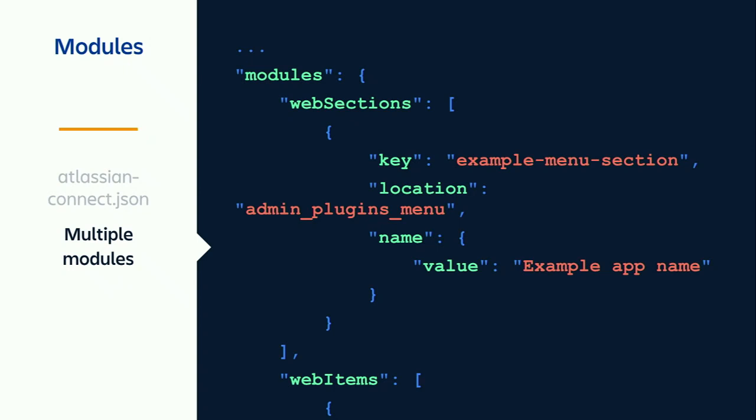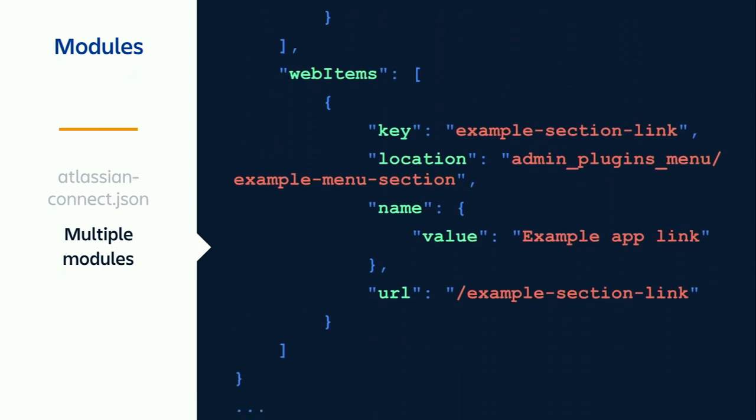Here we're defining a web section. It's going into the location of the admin plugins menu. It has a value of example app name, so that's the name of the section. Within there, we're also defining a module called web items.